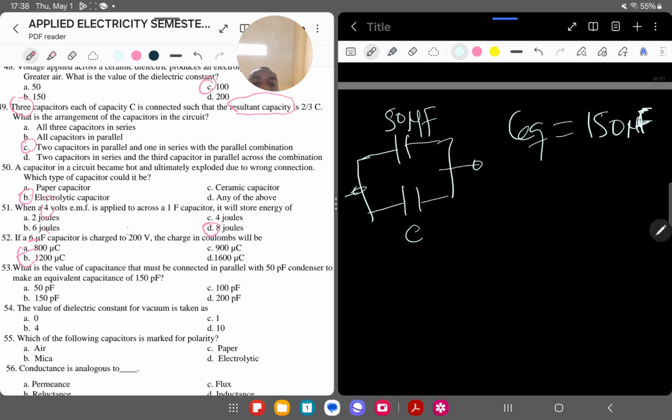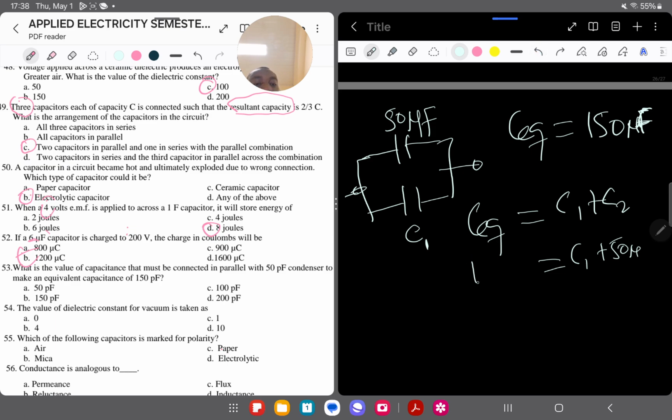And we know that for capacitors connected in parallel, the equivalent capacitance will just be the sum, right? That means C1 plus C2. So let me indicate here C1, the one that we don't know, plus let's say 50 micro.